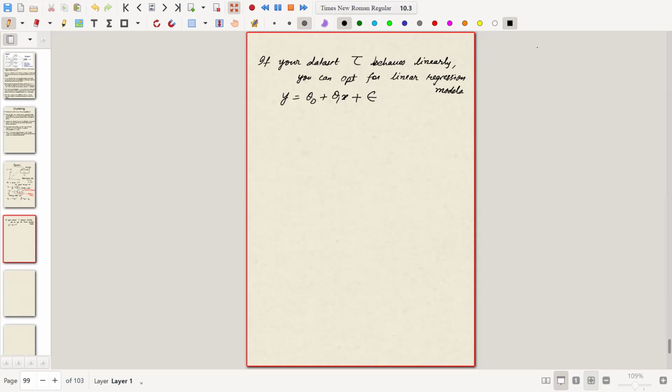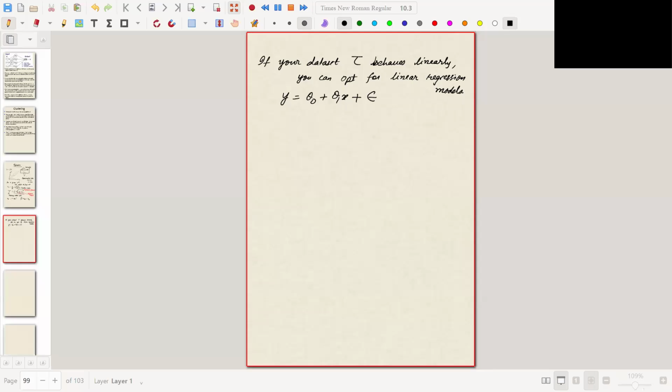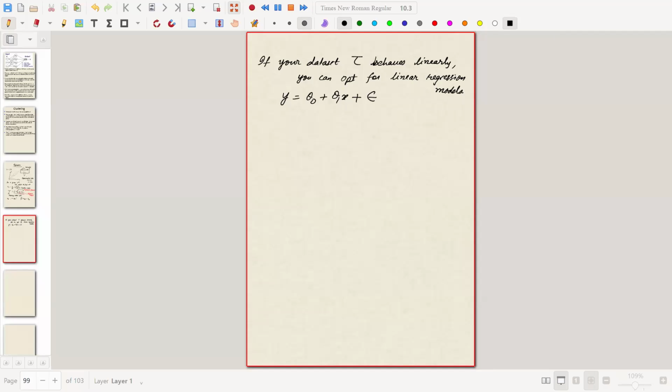Note that this error epsilon is added. So you can get an intuition why I have written it like this. The first part is a linear regression term, and we are adding epsilon.